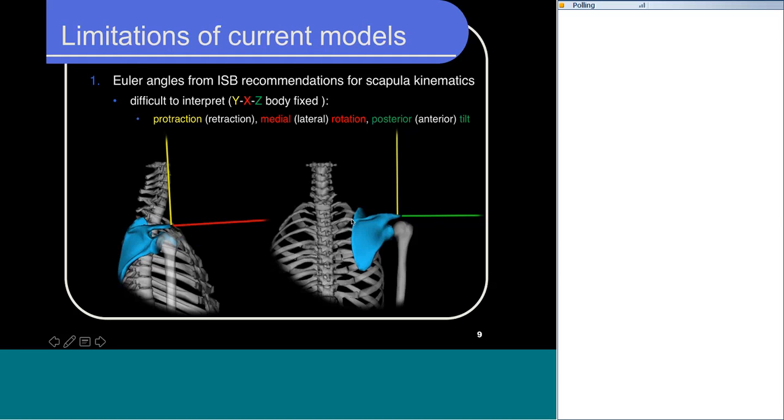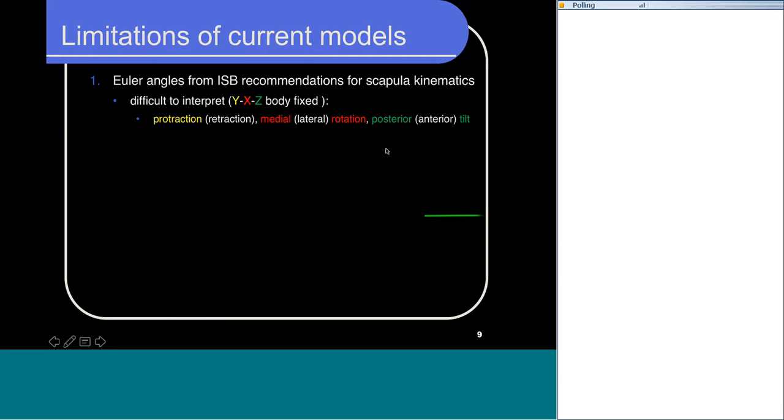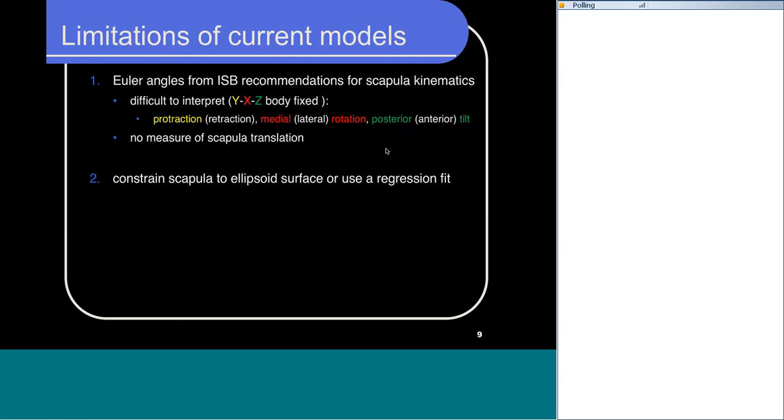And these are defined by landmarks on the scapula. I won't go into great detail, but what we're describing is the three rotations about these axes to describe the motion of the scapula. And these are given names like protraction, retraction for the rotation about the y, medial rotation for positive rotation about x, and then posterior tilt. So as you can see, there's no direct measure of the scapula translation.